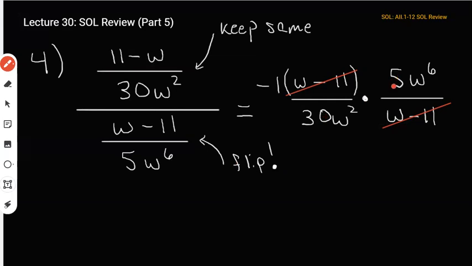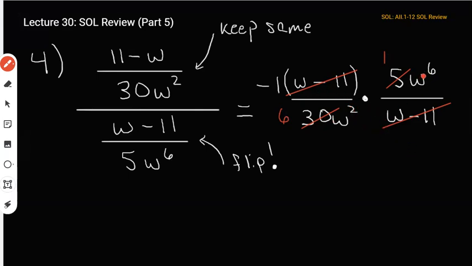That means I can divide both sides by 5. So if I divide this by 5, I'm going to be left with a 1. And if I divide 30 by 5, what do I get? 6. So now the numbers are gone. They're replaced with 1 and a 6.